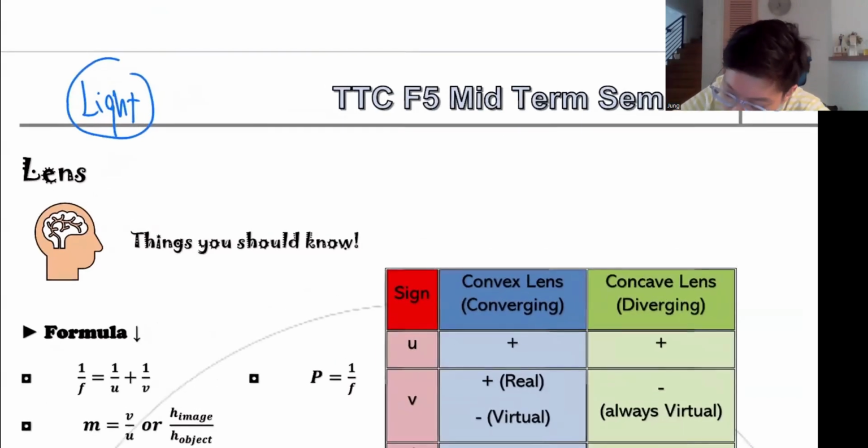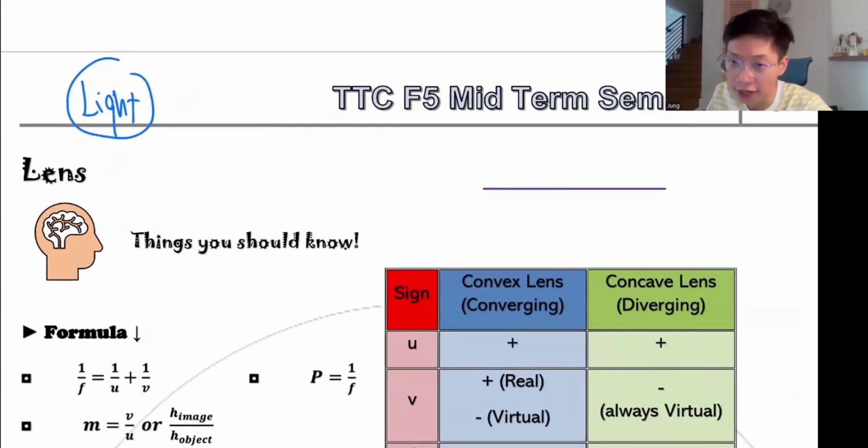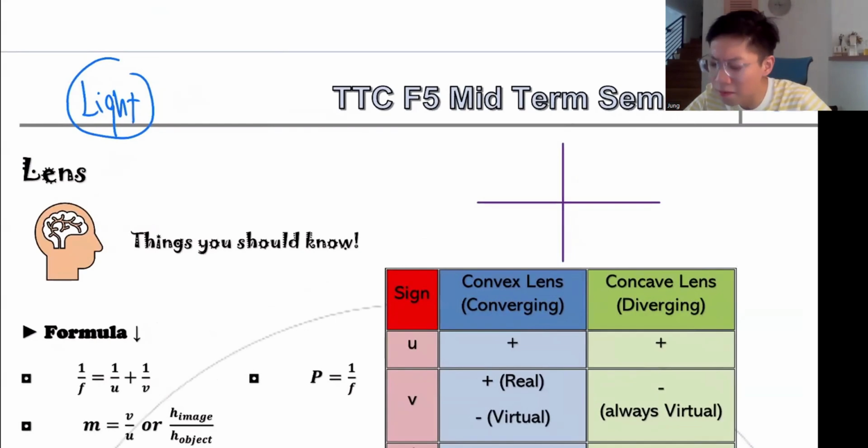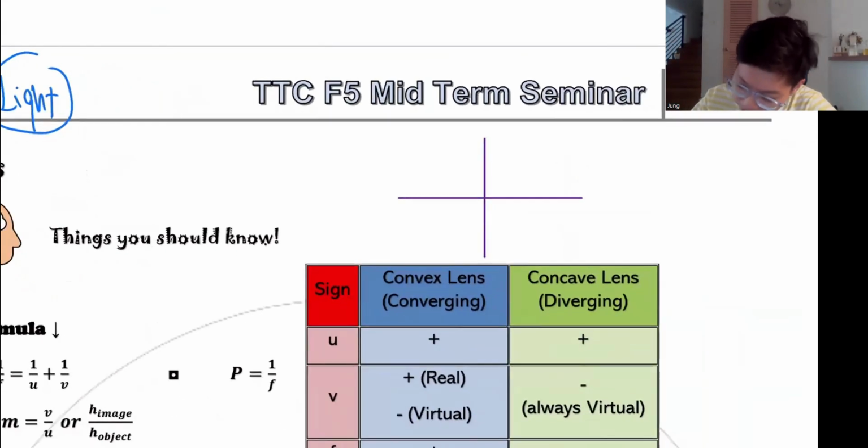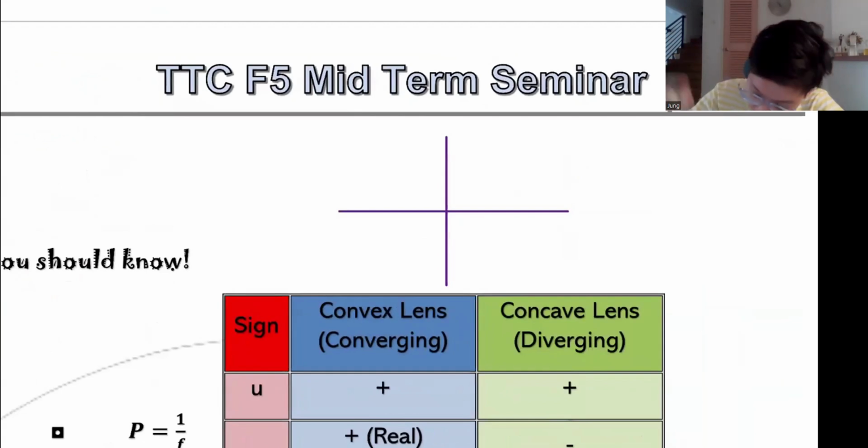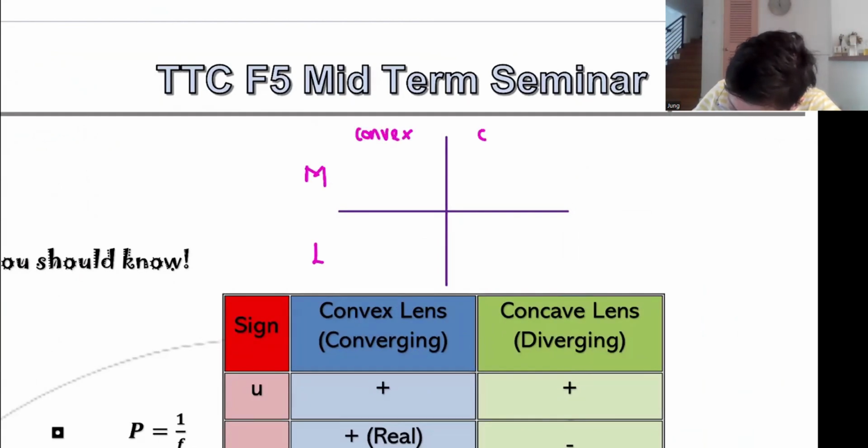Today I will teach you a shortcut. Because I want to finish this part in 45 minutes, it might be a bit rushed. Here you will see, if this is the cross, this is M, this is L, this is convex, this is concave.